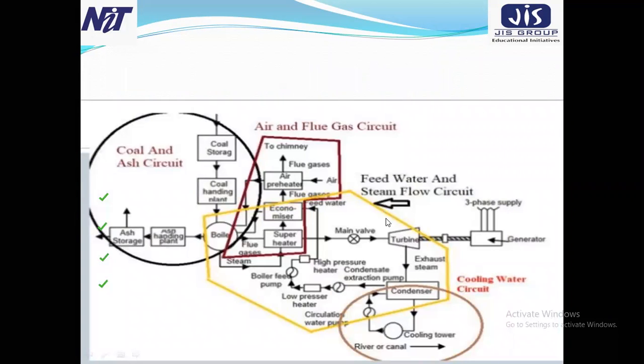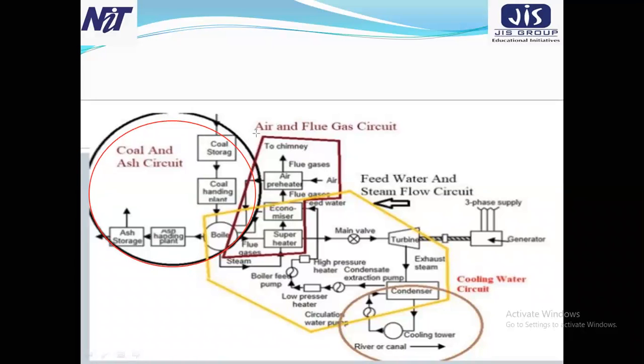Look, this is the layout of the thermal power plant. If you follow, I already showed this in some previous figure. So this part is basically the coal and ash circuit. Now the air and flue gas circuit is this one, the upper part, the chimney, flue gases.